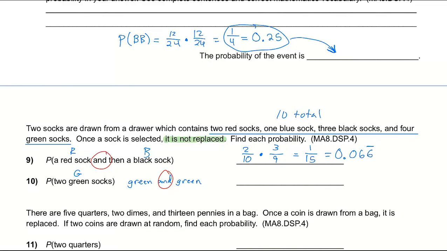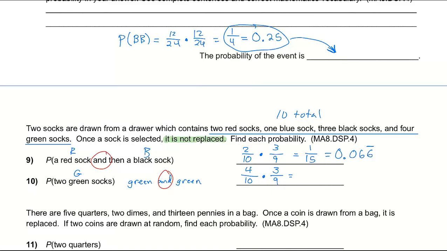There are 4 green socks out of 10 at first. You take a green sock out and do not replace it, so it'll be 3 green socks out of 9 total socks. So that is 4/10 times 3/9.